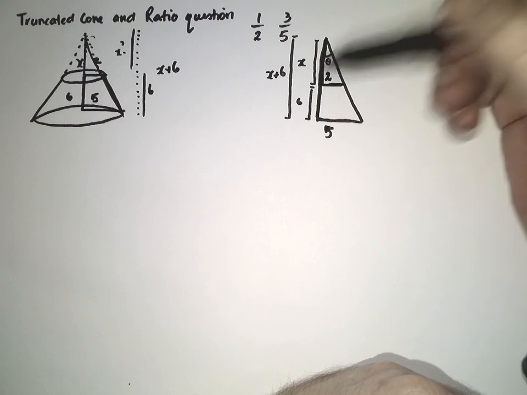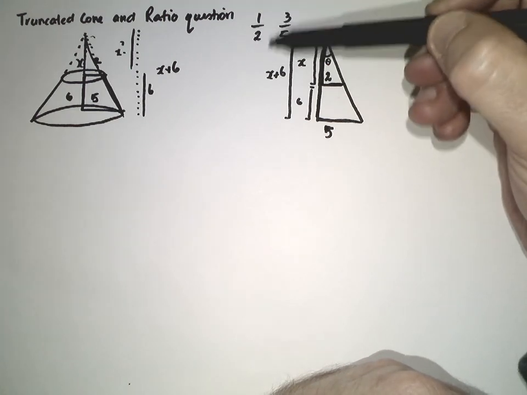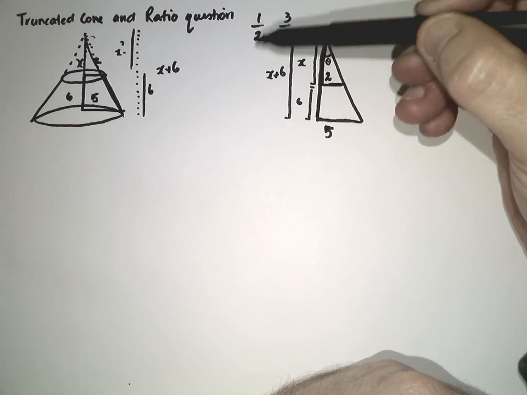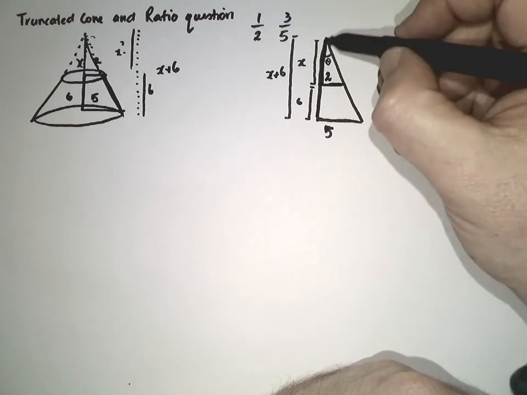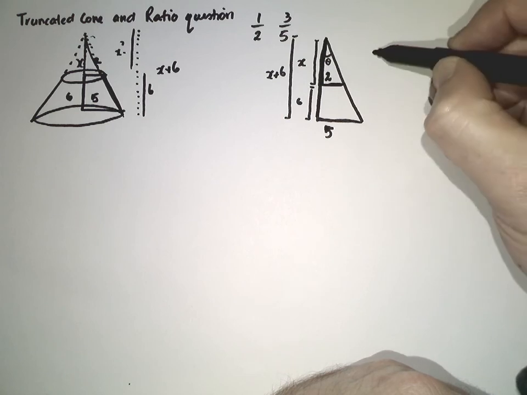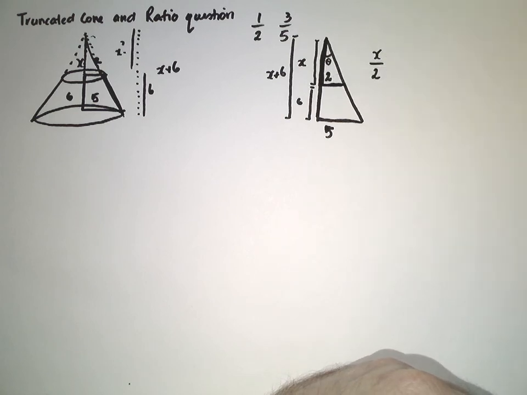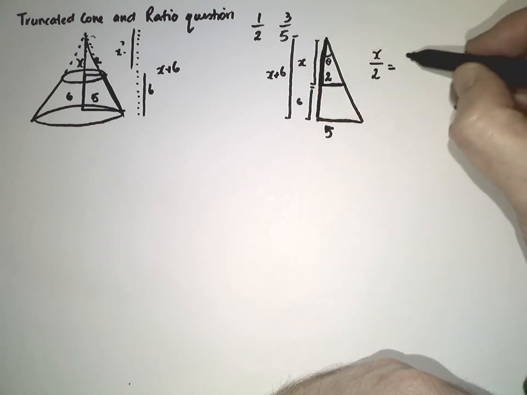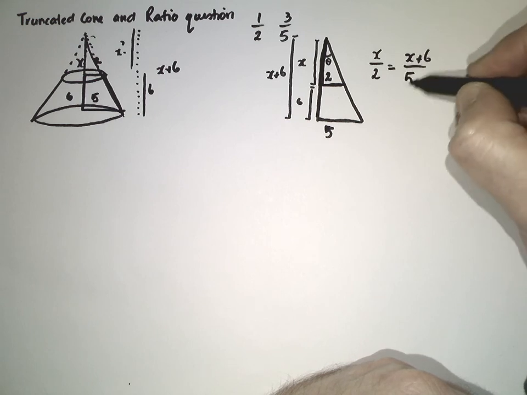So how would I write that? Well, we talked about fractions before being a way in which we can write ratios. So I'm going to use that knowledge to help me write it. I said that the ratio of X to 2 is the same as the ratio of X plus 6 to 5.